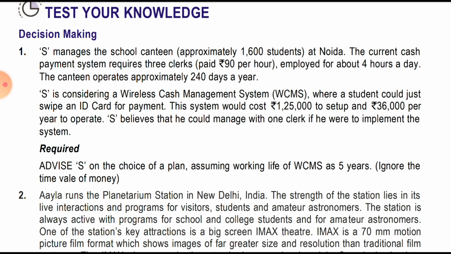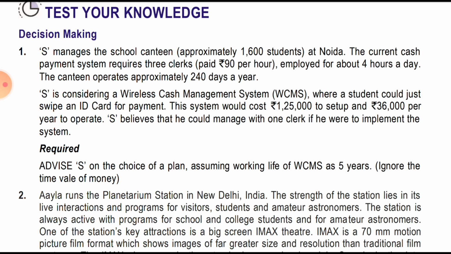Advise S Limited on the choice of the plan, assuming the working life of the WCMS as 5 years. Ignore the time value of money, so we don't have to do the present value. So in the first case the 3 employee cost amounting to 259,200 multiplied by 5 years is 12,96,000.